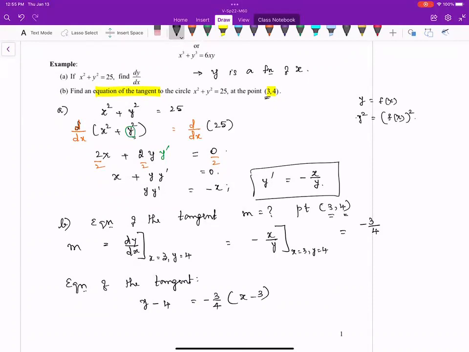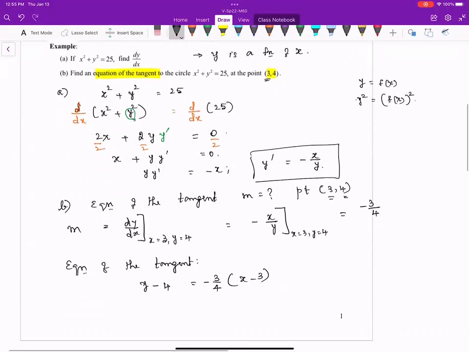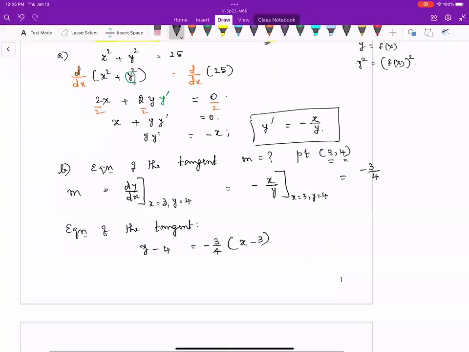You substitute the point x1, y1 with 3 and 4, and the slope with negative 3 over 4. Now if you distribute, you get negative 3 over 4 x plus 9 over 4.